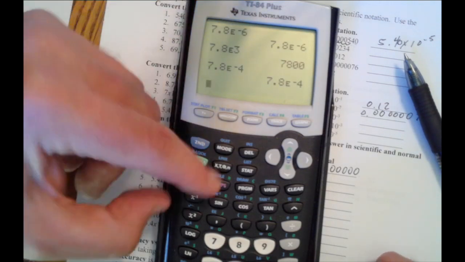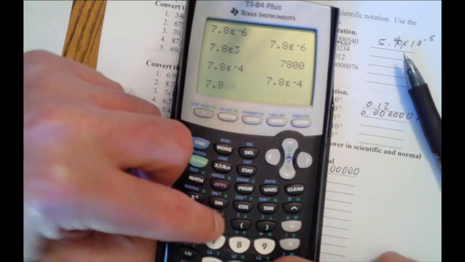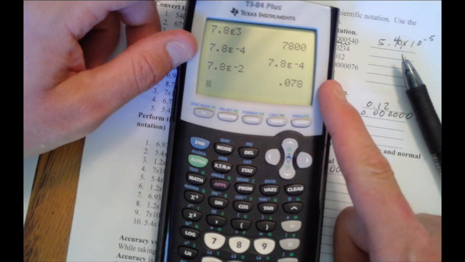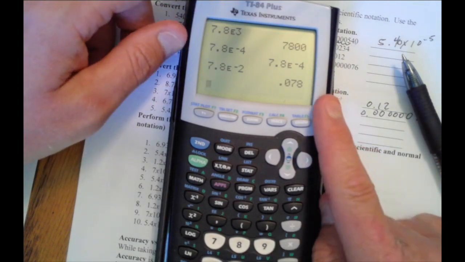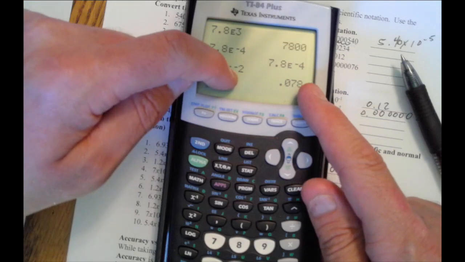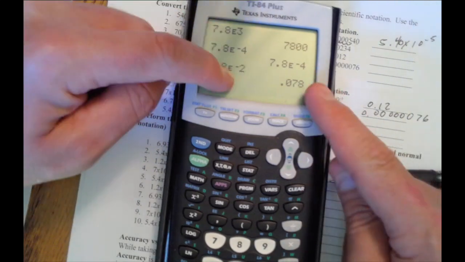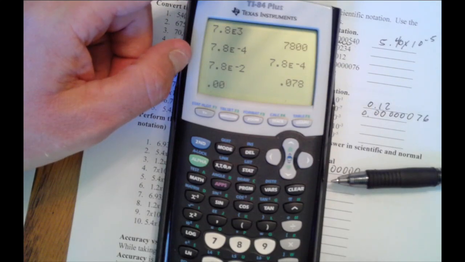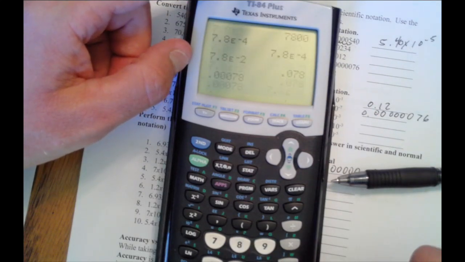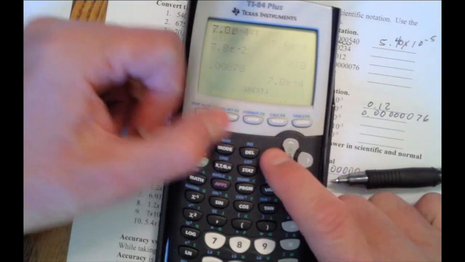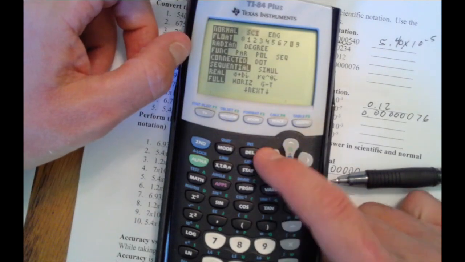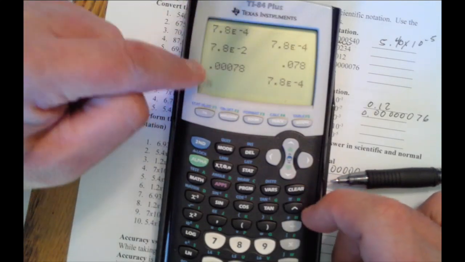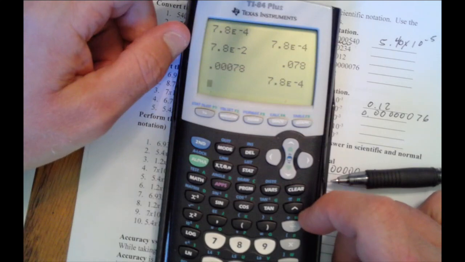Let's try again. 7.8 times 10 to the negative 2nd. Okay, so yeah, it won't go as far. And this is again why we use scientific notation, because there's only so much that that line can handle. I think this line could handle a little bit more than the 4 here. Let's try this. And just for good measure, well, I wasn't in normal. So yeah, if it wants to change it to scientific notation, even in normal it will.